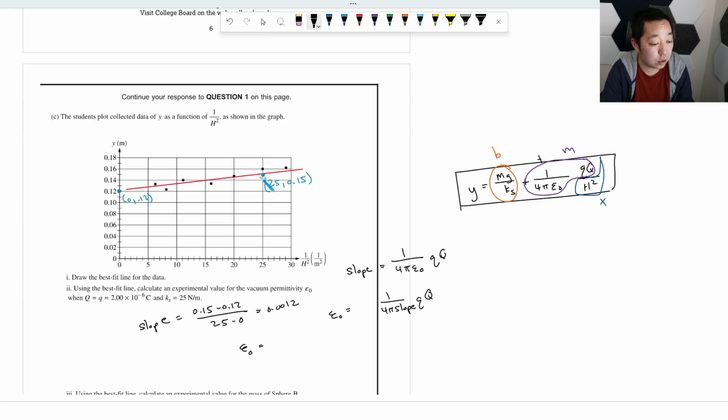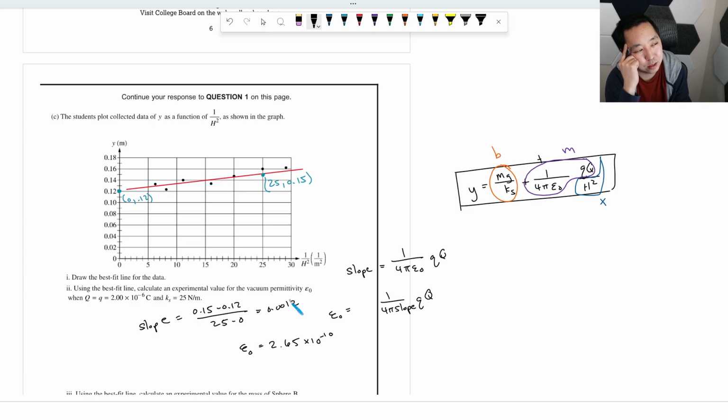Let me see. Sorry, I got a really tiny number. This is pretty far off, so let me double check. Maybe my line should have been flatter. Should the slope be smaller? It should be a little bit smaller. I don't know. It depends on how good of a line you draw, but it should be 8.85.